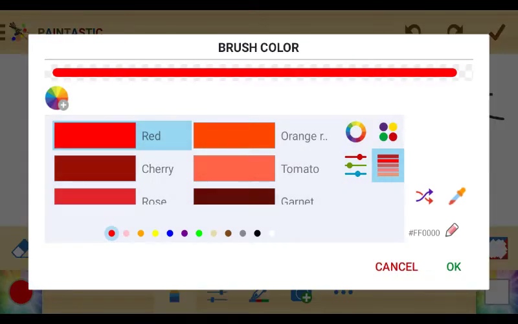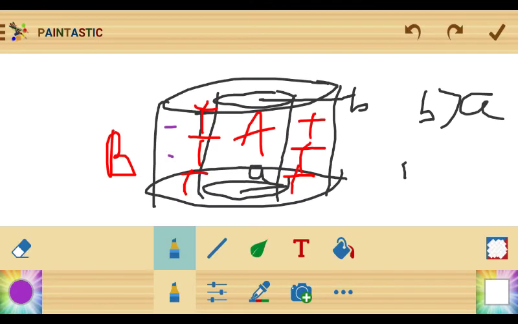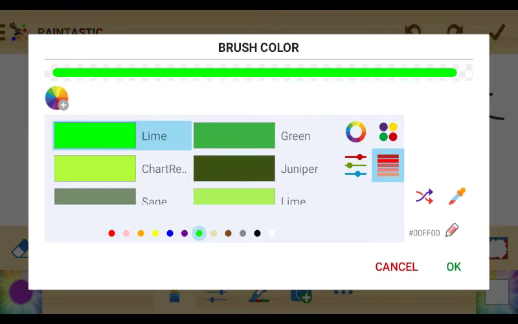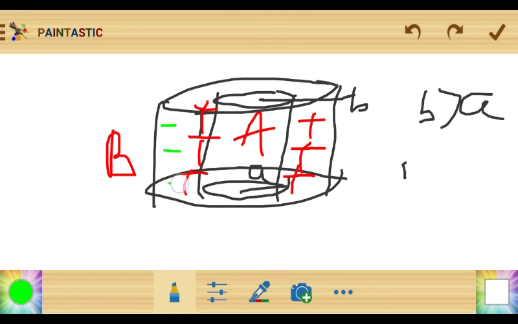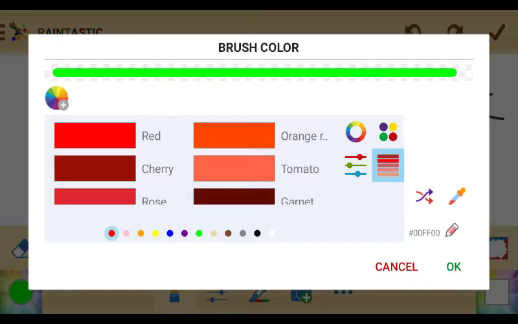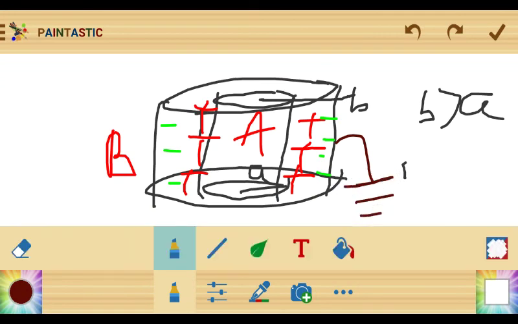I'll choose green. Sorry, my mistake, I have to choose green. So negative charge will develop on the inner layer of cylinder B, and the positive charge can simply be removed by grounding the outer layer, as we have done in the sphere.